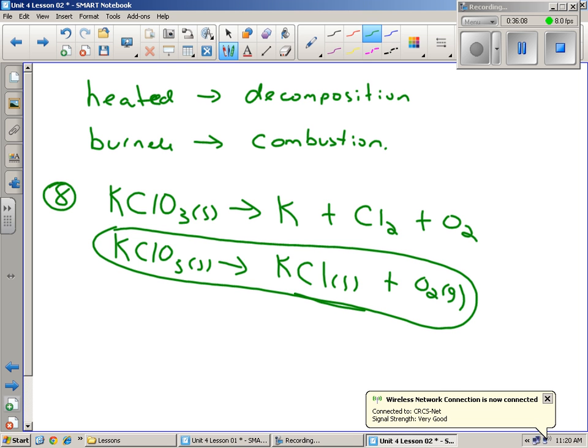But guess what? If you continue to heat that, at some point, when you heat it up enough, you will get each element by itself. You'll break it down to potassium and chlorine and oxygen.